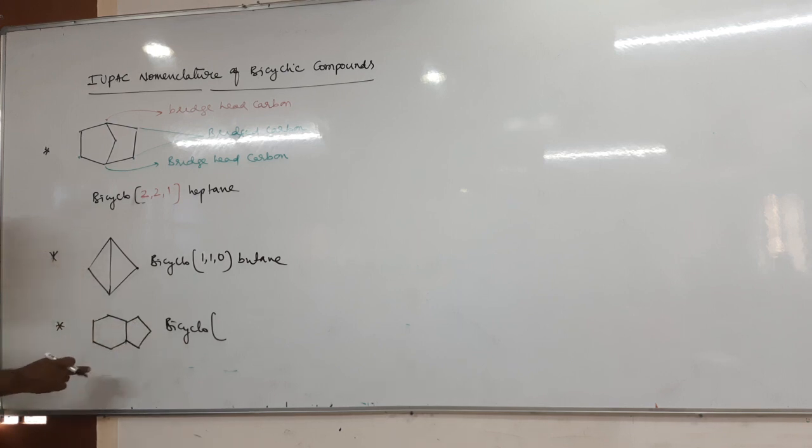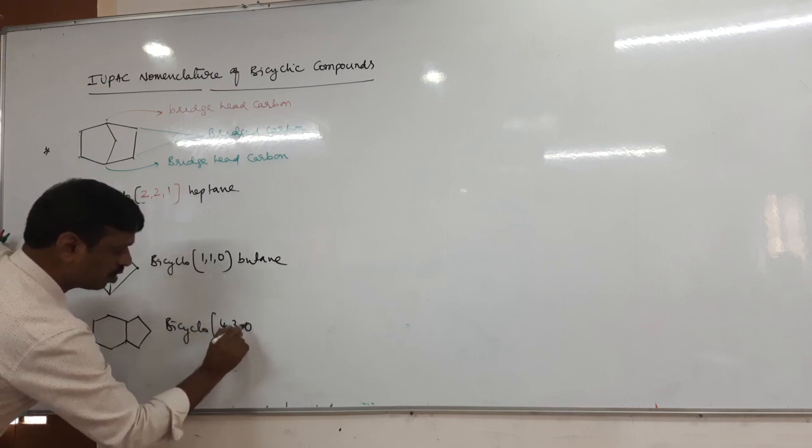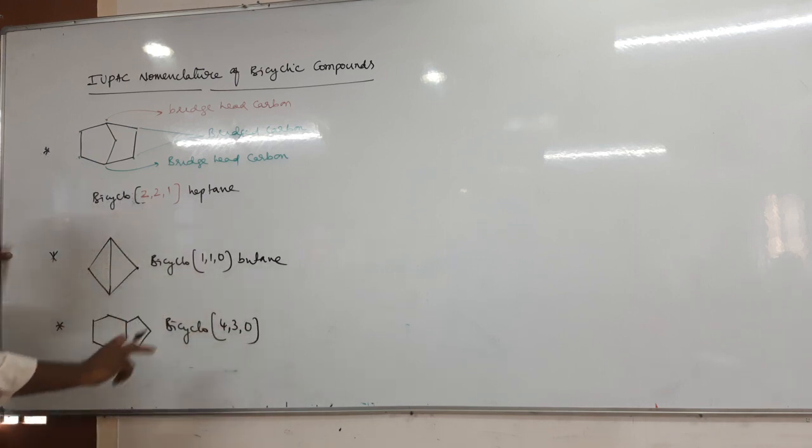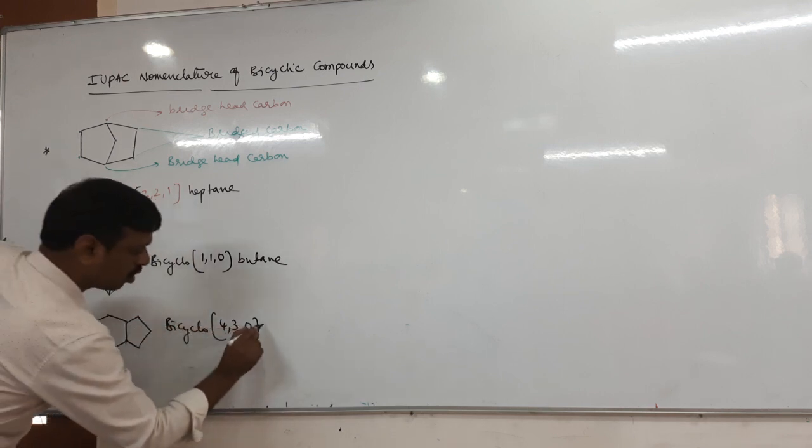Leave the bridgeheads, don't include bridgehead carbons. In descending order: 4, 3, 0. Next, the total number of carbon atoms: it is 6 plus 3, 6, 7, 8, 9. Therefore, nonane.